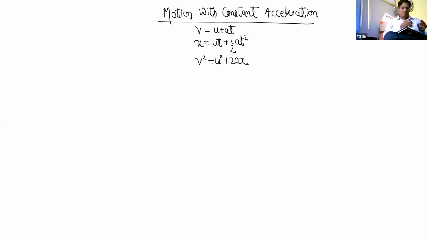Then u and v, initial velocity and final velocity, have meaning. So be careful. This is the first step you should do. Whenever you see a motion, first decide the initial point and the final point. Then all these things make sense. Next, take a coordinate axis. The initial point of motion, take it as the origin.